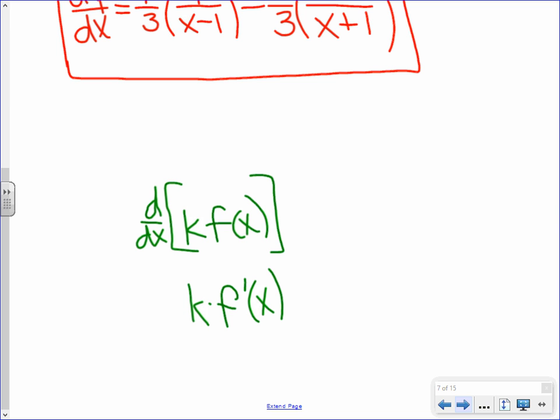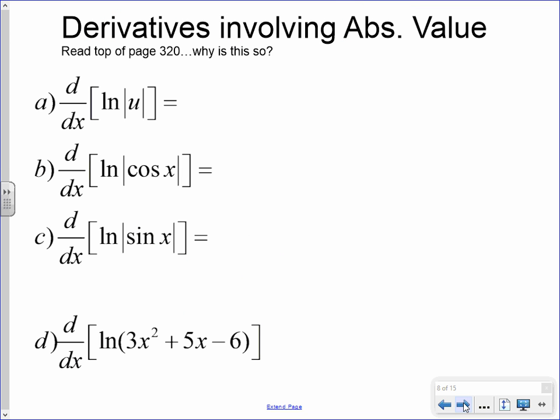Now, we talked about natural log derivatives. What about logs that do not have base e? Do you remember how to punch logarithms into your calculator using the change of base formula? In some of your problems, you may see absolute values.